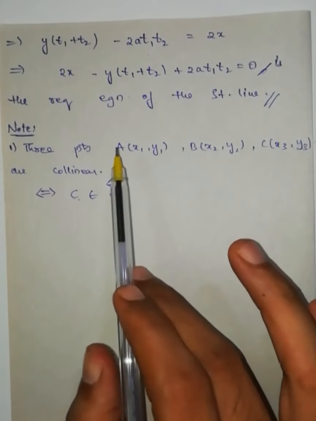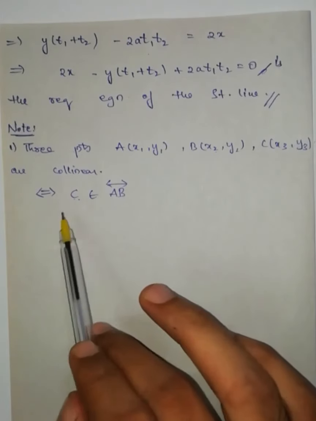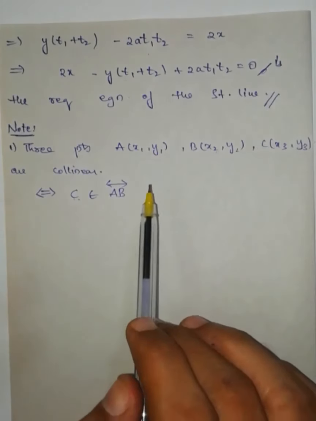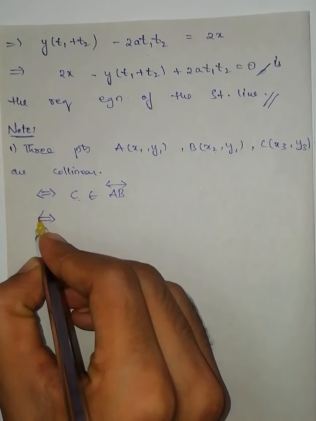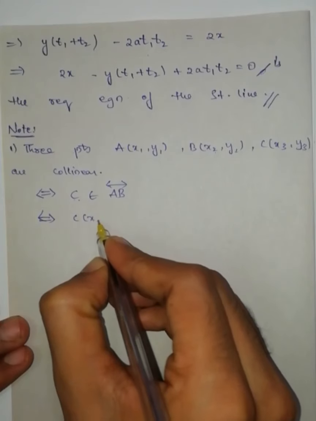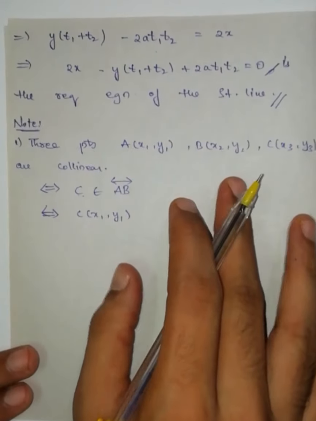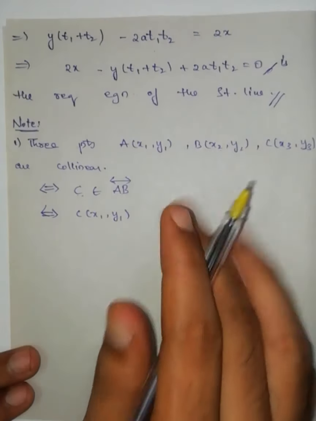If you are taking B, that point should lie on the line through these 2 points. If you are taking A, then that point should belong to the line joining these points. In other words, we can also say that a point lies on a line if the point satisfies that equation.